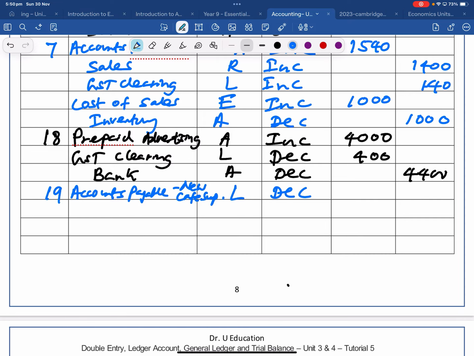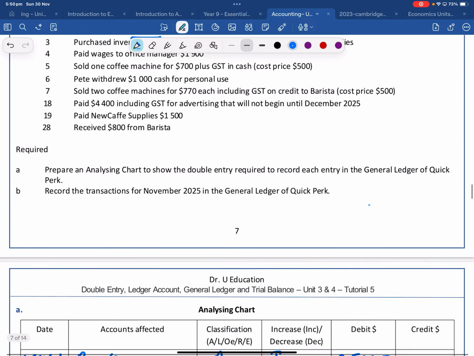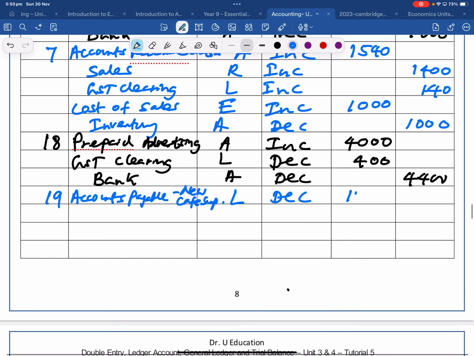Decrease. Debit or credit? Debit. How much? 1,500. And then where do you credit? Bank, asset, decrease 1,500.